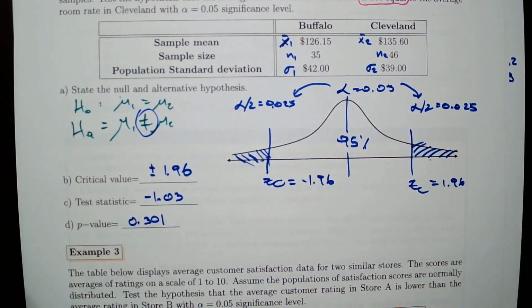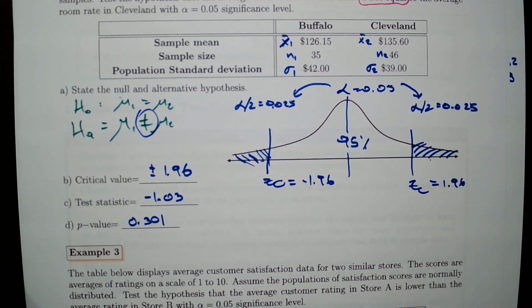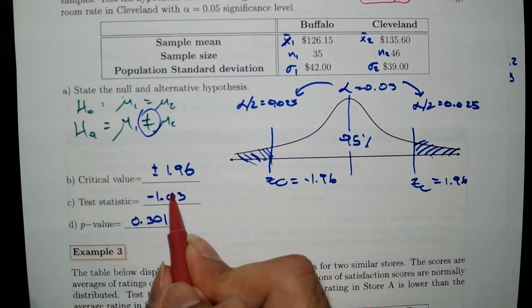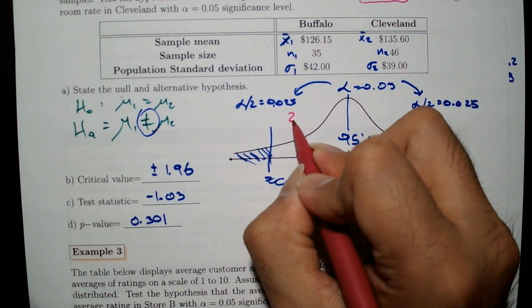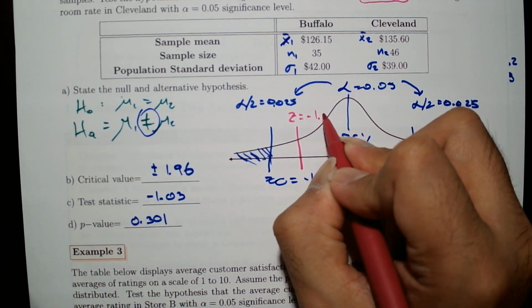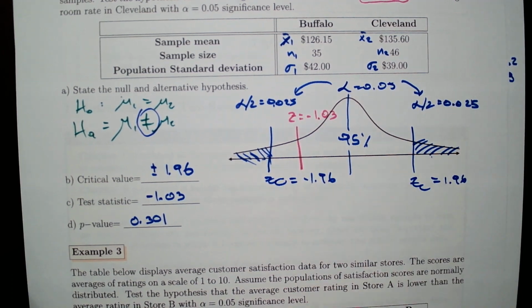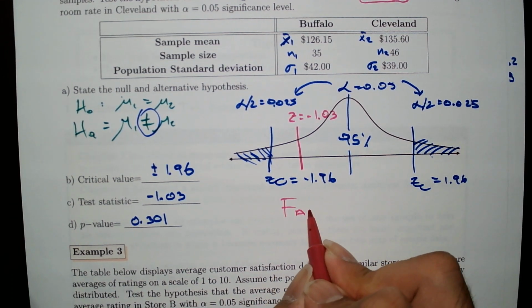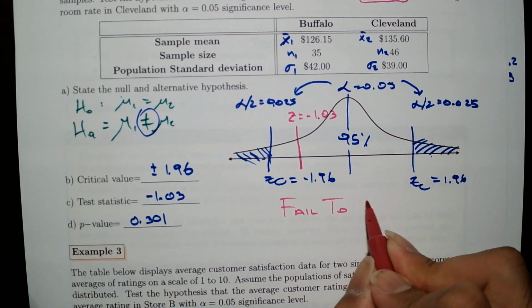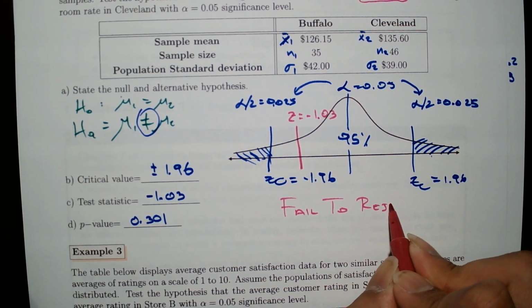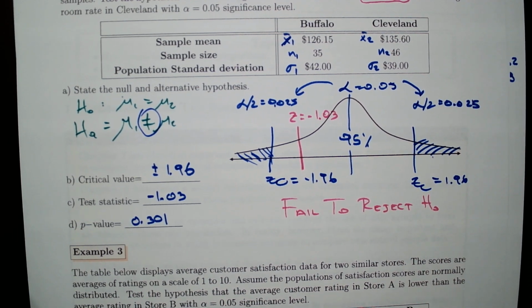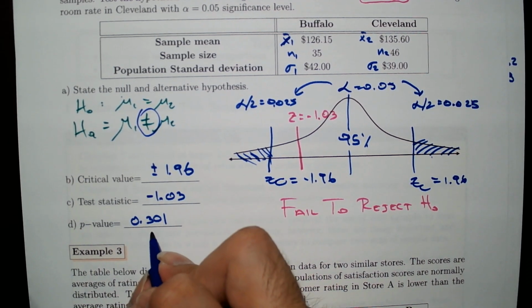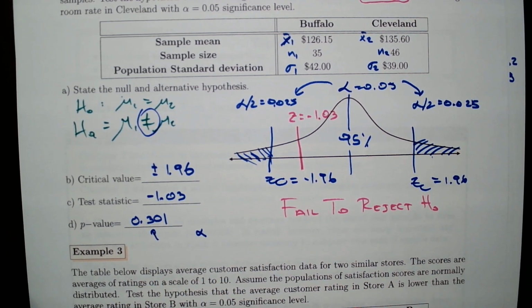All right. In this case, negative 1.03 is somewhere here, so we fail to reject the null hypothesis. Now, if we do it the other way around, this is our p-value and our alpha.